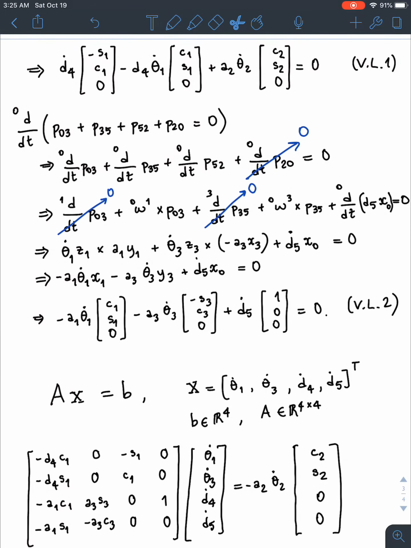All right, very good. So we have constructed our A matrix and our known B vector and our unknown X vector.